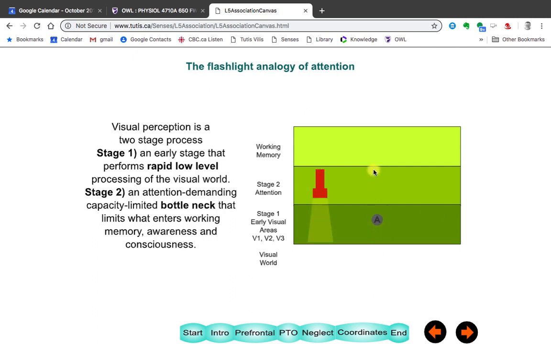And while it's being passed, you can see that if another ray appears or another object appears, it's blind to that object, even in this area. If another object over here appears, it's also blind to it. So it's like a bottleneck to processing.